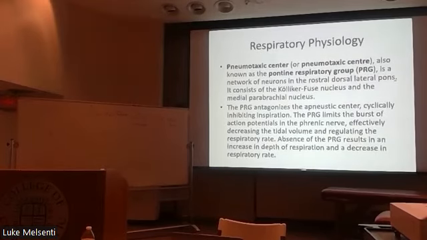So as you're breathing in, something tells you to stop because you've had enough, and that's the stimulation of the pneumotactic center, or the pontine respiratory group. Effectively, it decreases tidal volume and regulates the respiratory rate. Absence of this results in increased depth of respiration and decreased respiratory rate.